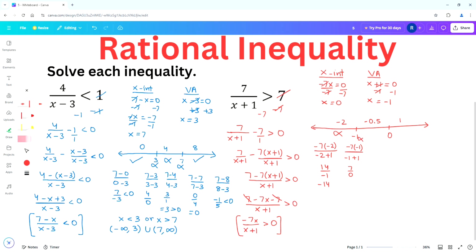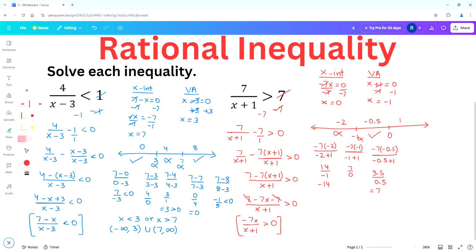Next, we can use the test value -0.5. I get 7, which is greater than 0. That means the interval between -1 and 0 satisfies the inequality.